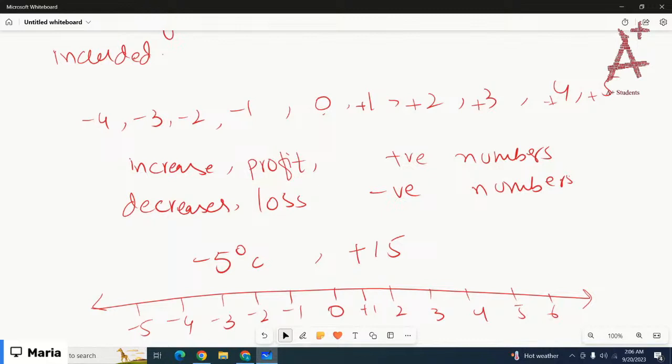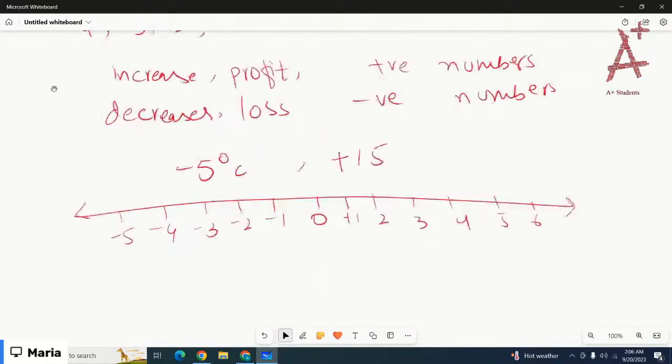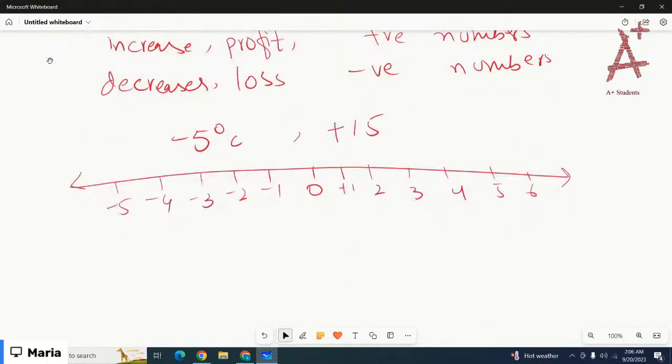On the positive side, as you are moving far from 0, the numbers are increasing. The next number is 7. 7 is greater than 6. 8 is greater than 7. So as you are moving far from 0, the numbers are getting greater and greater.